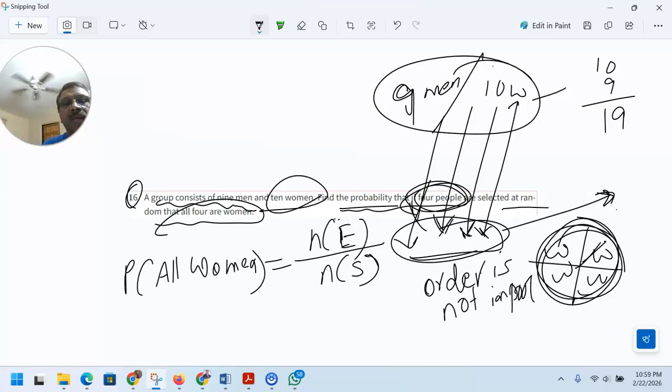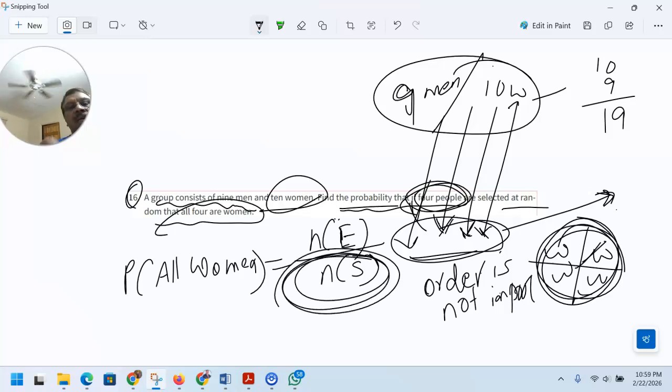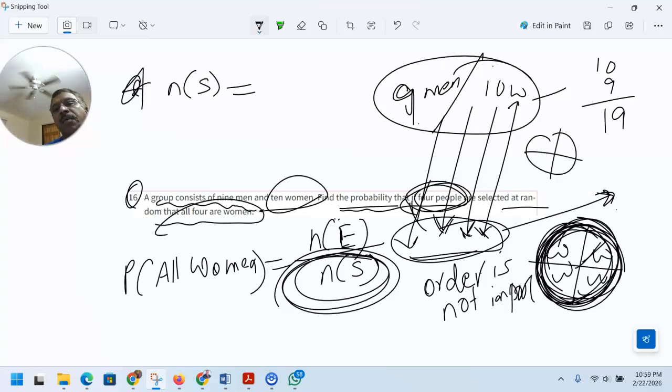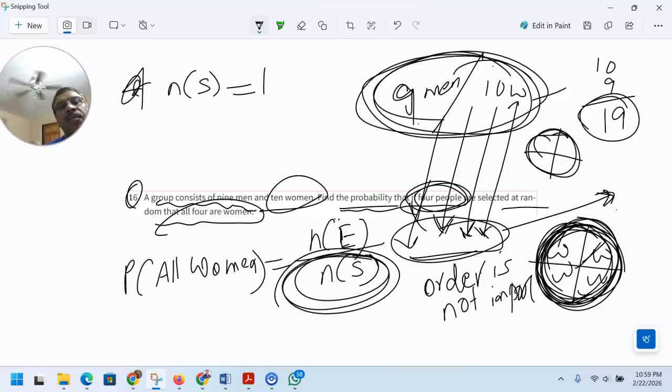Now, two steps here. The first step is always the denominator. I always like to do this. The total number of outcomes: how many different ways can you have groups of four? It could be men also, so we can have so many different groups of four. You're picking from 19. This whole 19 are there, so from 19 you are picking four.